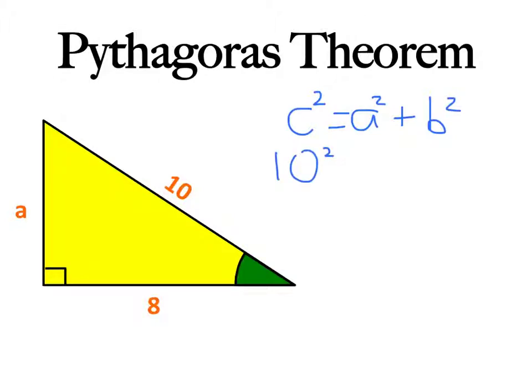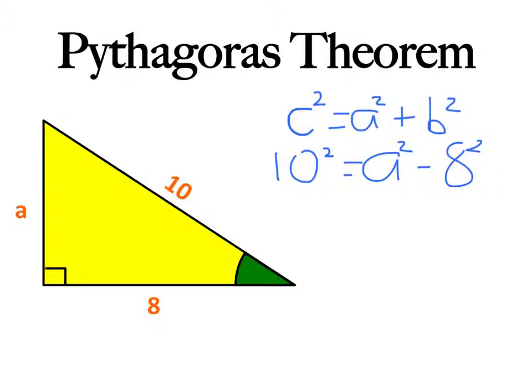10 squared equals a squared plus b squared. Oh, sorry, whoops. Doesn't really matter which way I call it. For the sake of this exercise, I'm going to say that it is a squared minus 8 squared.